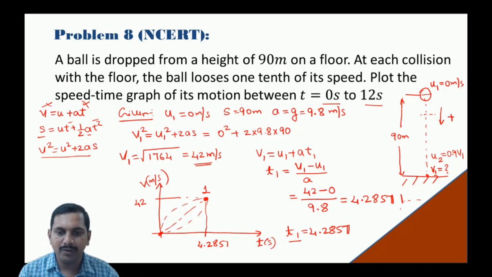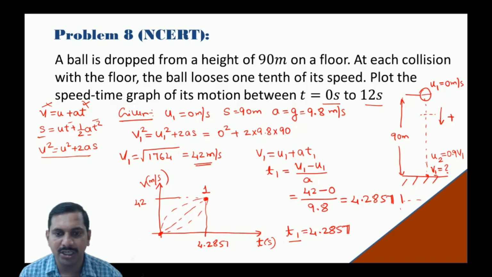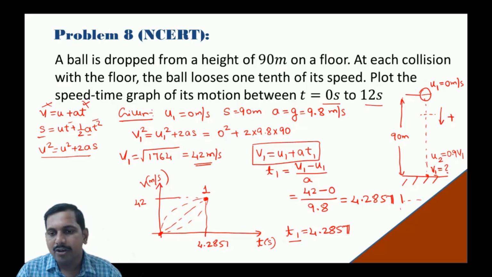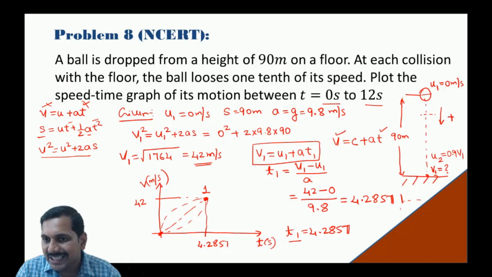The right way of joining this line would be understood when we get the functional relationship between velocity and time. And that is given by this equation, right? V is equal to some constant plus some acceleration into time. You see, this is a variable, this is a variable, and it is a linear function.